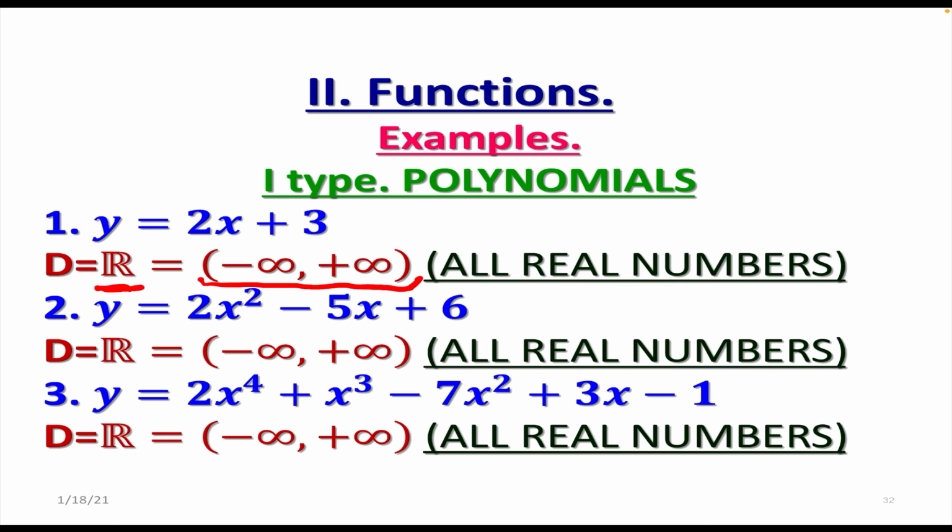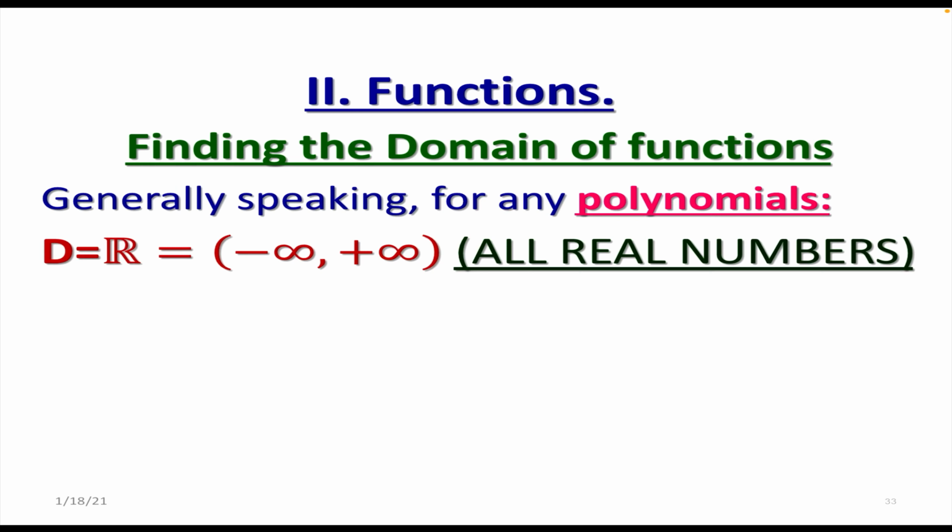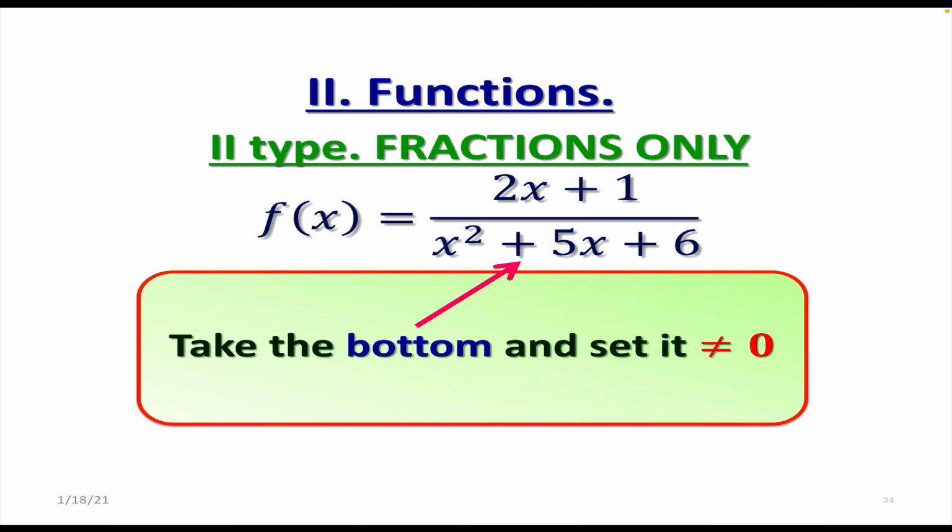So the domain is going to be the set of all real numbers. Now, how to find the domain of functions? For any polynomial, the domain is going to be the set of all real numbers. It could be any polynomial of any power or any degree.